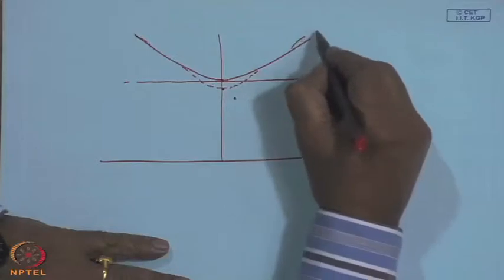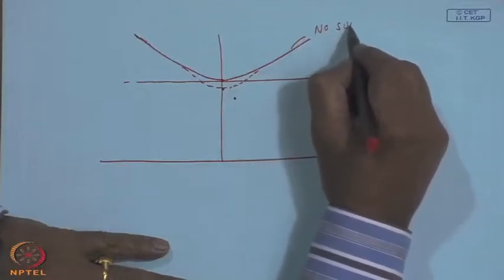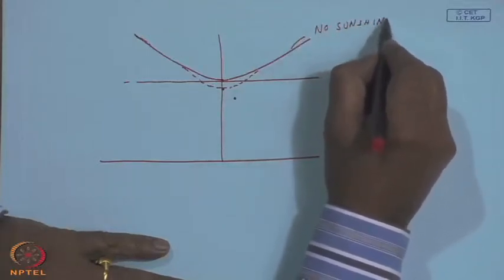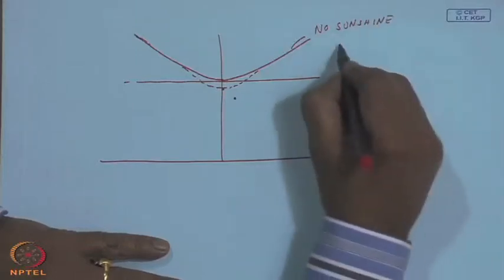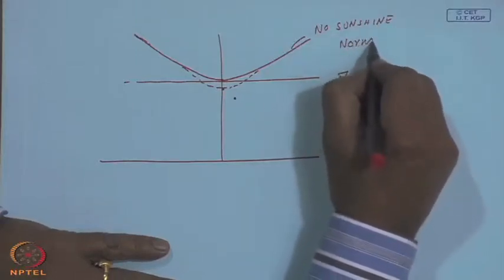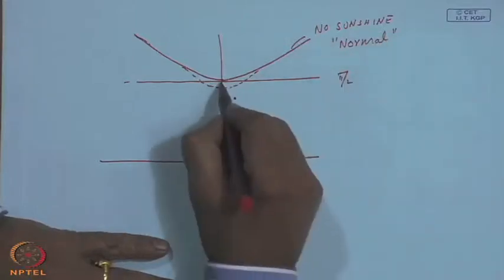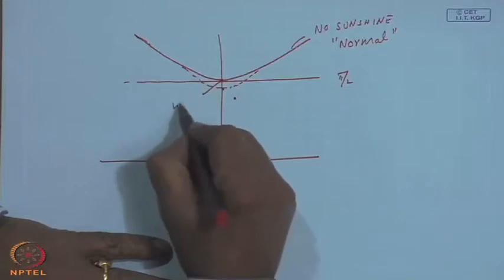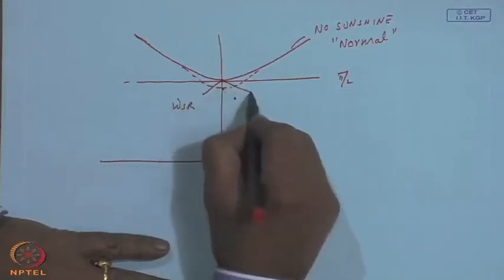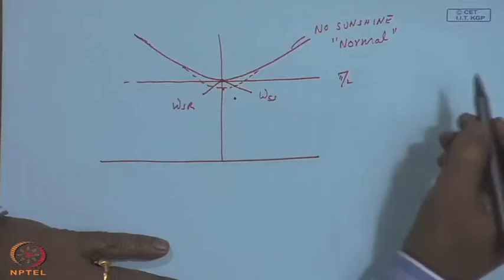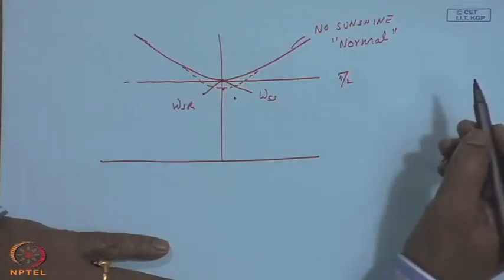This is no sunshine, but I would call it normal. In other words, in the limit, this is my omega s r and this is my omega s s. Slightly neighboring value of slope beta, I have omega s r equal to minus 2 degrees and omega s s as plus 2 degrees, right.